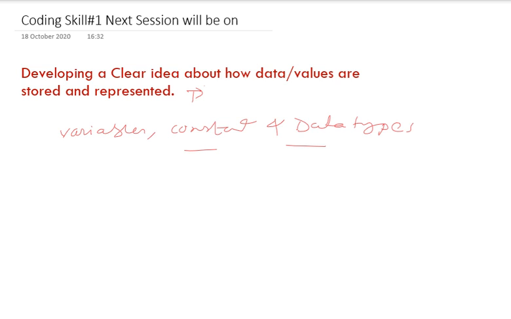You should know what constants and variables are, and how they are used in a program. If you have a clear idea about this, then you will be able to write programs. This is one of the essential skills, and I call it skill number 1. That we'll discuss in our next session.